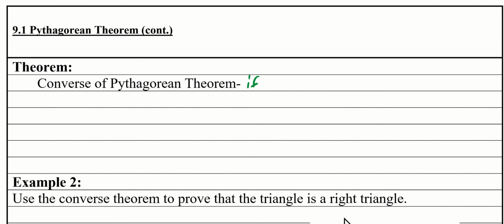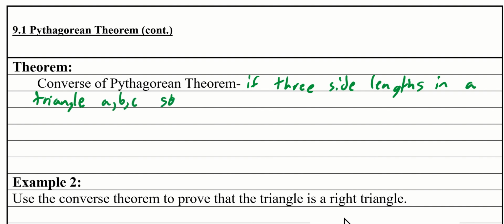We're going to say if 3 side lengths in a triangle, and we'll call them A, B, and C, if those 3 satisfy this theorem, a squared plus b squared equals c squared, then what I can say is then the triangle is a right triangle.